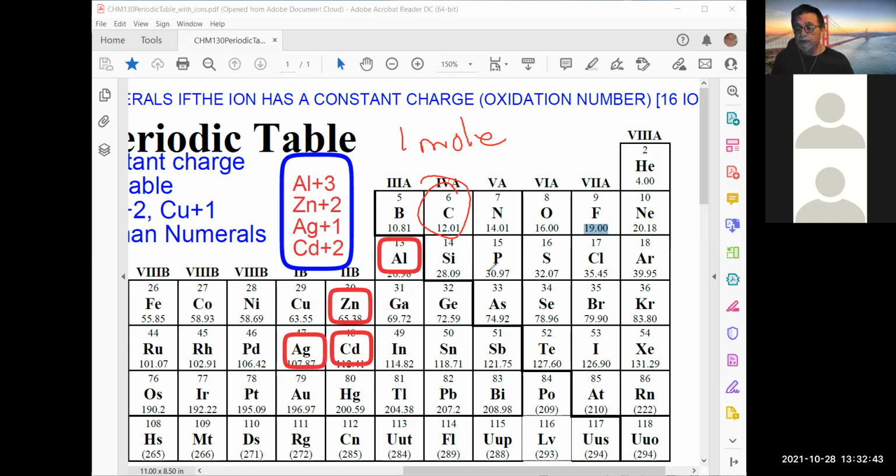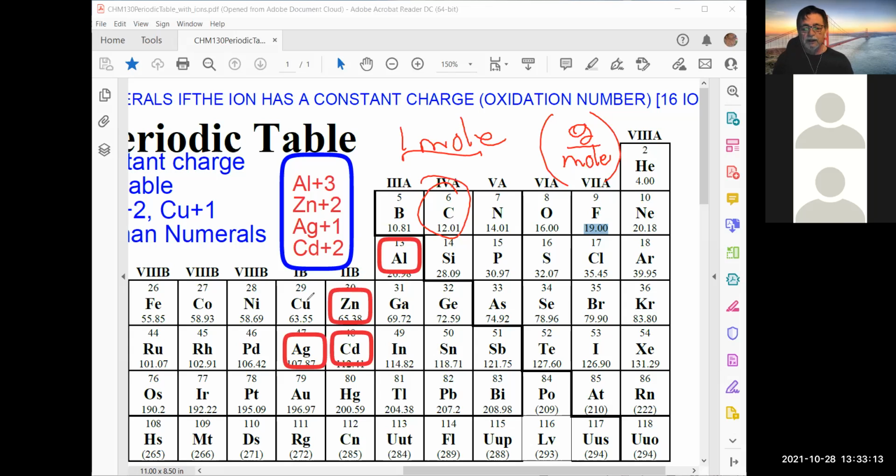Because the units for these numbers is grams per mole. For 1 mole, it weighs whatever its atomic weight is. So carbon weighs 12.01. So if I go out to the lab and I weigh out 12.01, I have exactly 1 mole of carbon atoms, and they weigh 12.01.